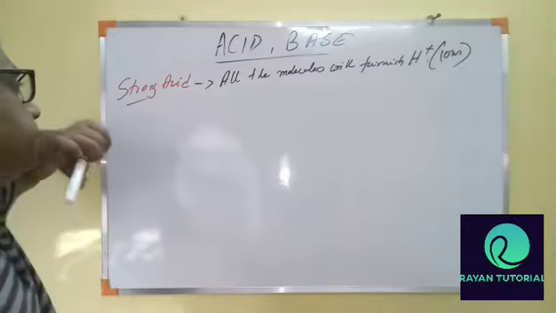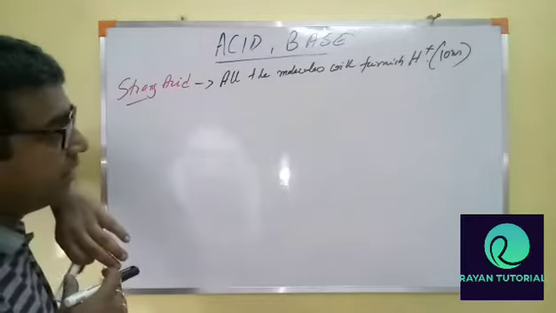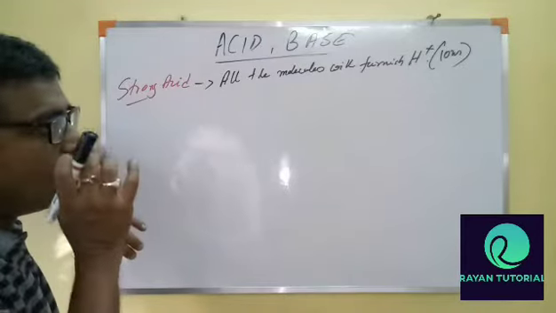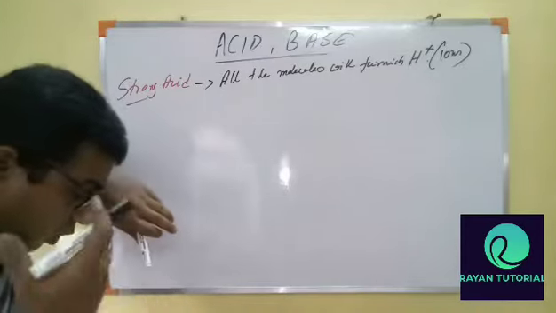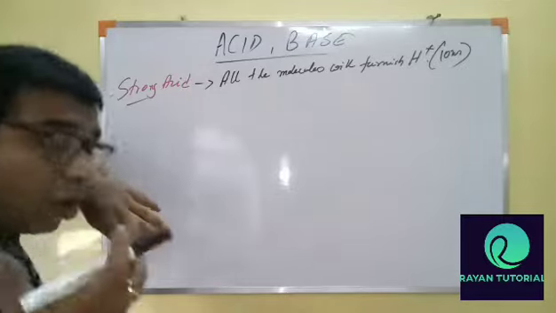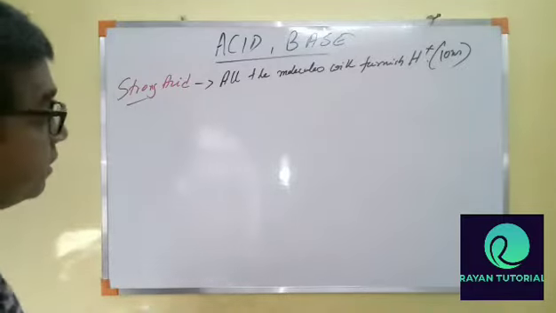Now that means in an acid there is a number of ionizable hydrogen ions.